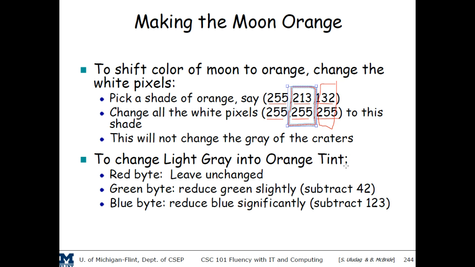So again, we would go through looking for all of the gray colors, then subtract 42 from the amount of green and 123 from the amount of blue, thereby tinting all of the grays towards an orange.